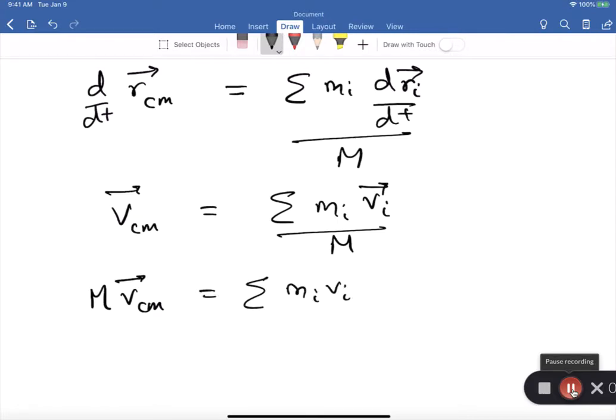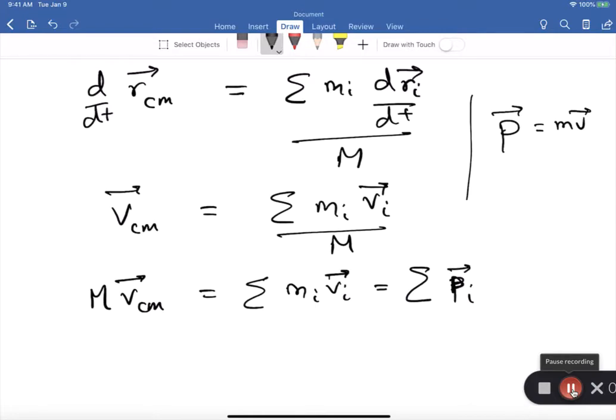All right. Now, what is this mi vi? It's the momentum. mi vi is the momentum of the ith particle, right? Remember, momentum is mass multiplied by velocity. Let me just write that: p is mv. Remember that from the beginning of the chapter. So this is just the vector sum of the momenta of all the particles.